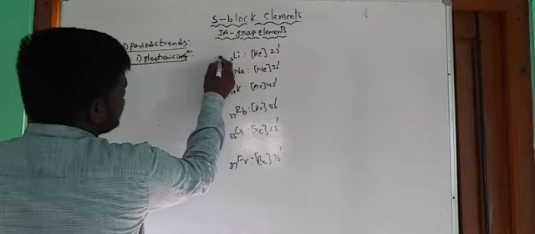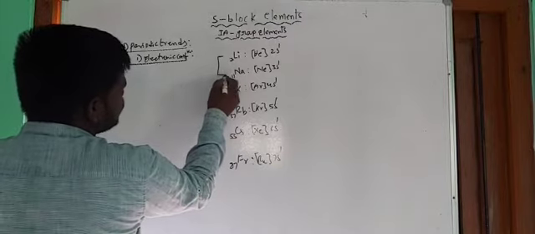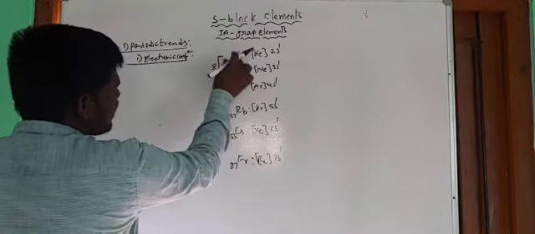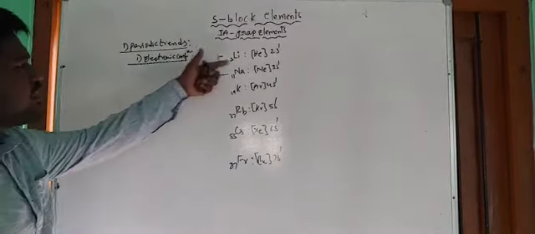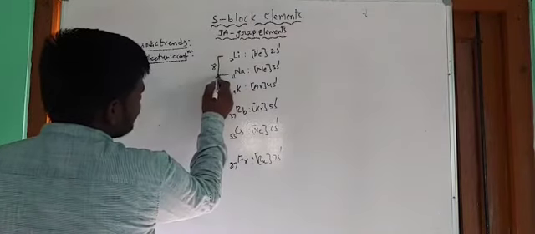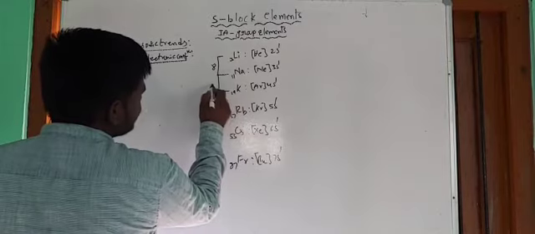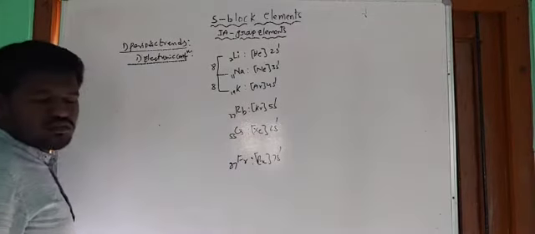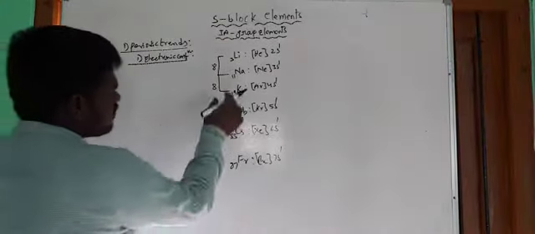To get the atomic number of sodium, you need to add 8 to the atomic number of lithium: 8 plus 3, 11. Now to get the atomic number of potassium, we add one more 8 to the atomic number of sodium: 8 plus 11, 19.